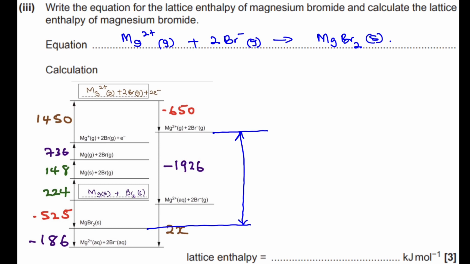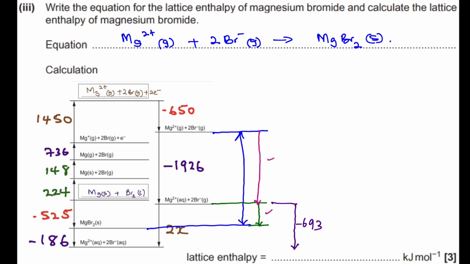That would be the lattice enthalpy of magnesium bromide, which means I need to find that bit and that bit here, and then add it on to this bit here. So I need that and that. But we know the value from here to there is 693, and it's minus 693.